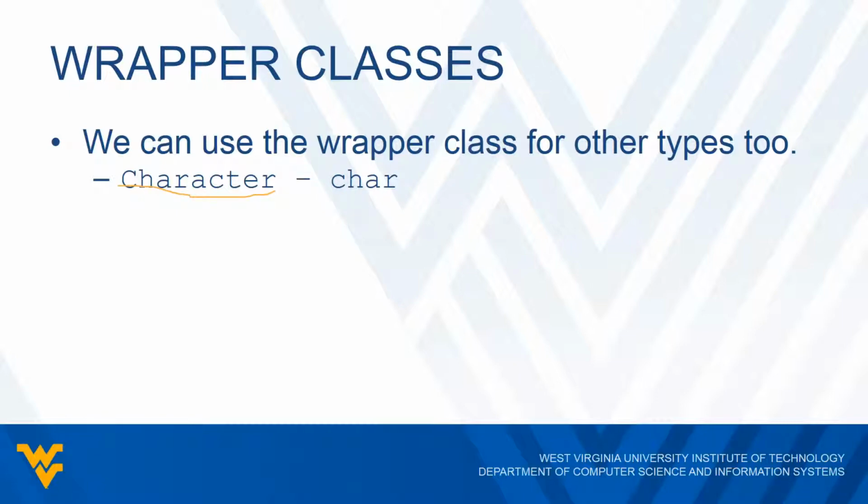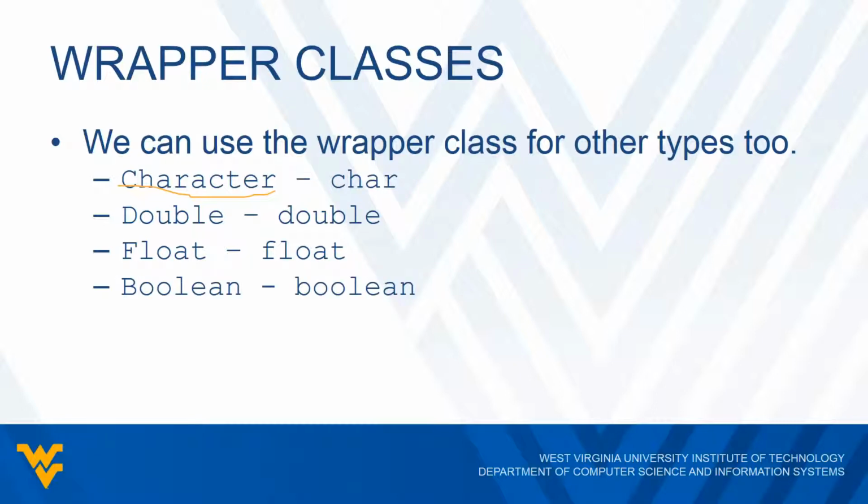So that would be my class that I would use. For double, I would use Double with the D capitalized. Float would be Float with the F capitalized, so kind of see the trend that's going on here. And then for boolean types, I would just have Boolean with the B capitalized. But we have all these wrapper classes for our primitive data types.